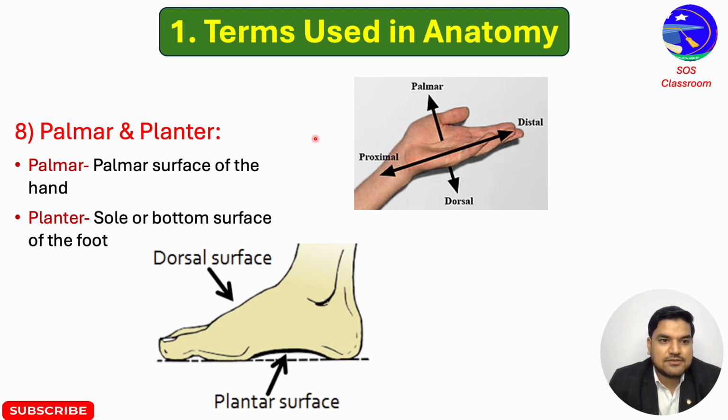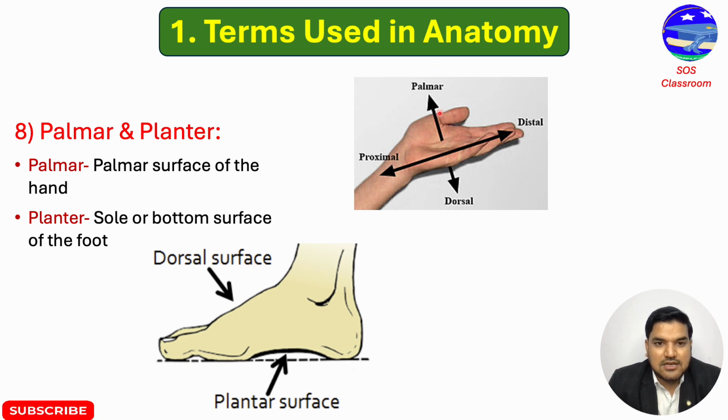Next are the terms palmar and plantar. Palmar means the palm surface of the hands. Next is plantar. Plantar means the sole or bottom surface of the foot. You can see here, this is the bottom surface of the foot and this is the dorsal surface of the foot. So this surface is called the plantar surface and the upper surface is called the dorsal surface.